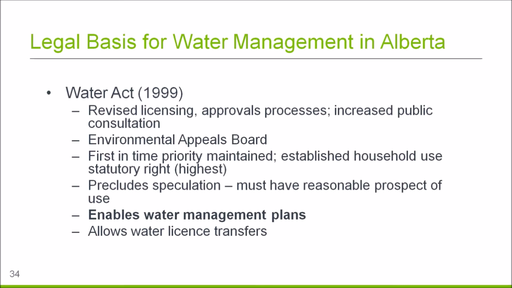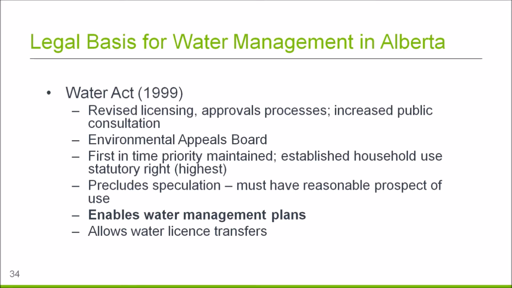And then in 1999, we have the Water Act, which revised the licensing approval process, and it also has public consultation. But again, the first in time priority was maintained. So whoever applied first has the priority for that water use.